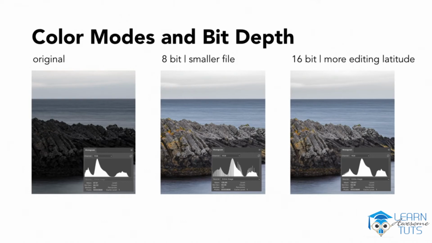Now, I should also mention that Photoshop does support 32-bit images, and they're sometimes referred to as high dynamic range images, but they shouldn't be confused with the popular high dynamic range imaging or HDR imaging techniques that photographers are using today to basically blend multiple exposures of the same scene into a single raw file using software such as Camera Raw or Lightroom.